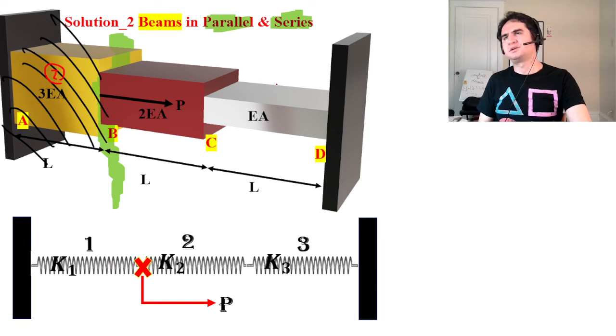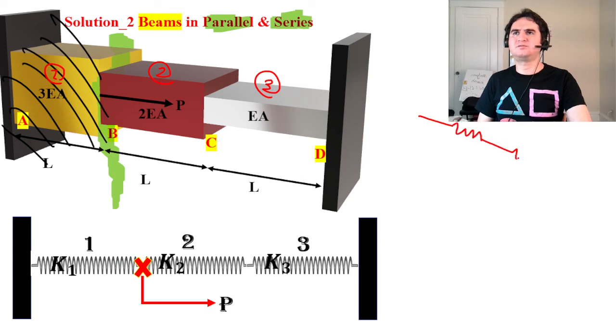Just consider blocks two and three. Again, it's like two springs. This is spring two, this is spring three, and they are handling a force P. This is K2, this is K3, and that's the point of the force.